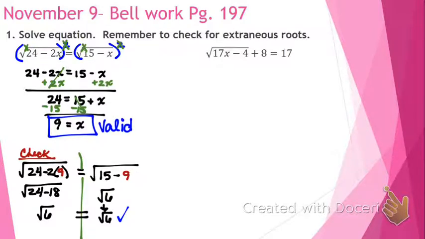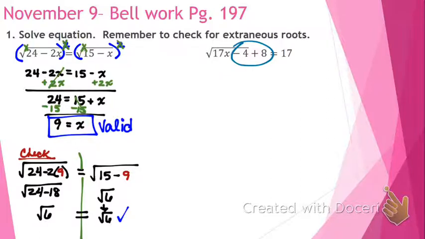Over on the right-hand side, do I start by squaring both sides? No. What do I have to do before I can square both sides? I can't combine these two right here because the negative 4 is under the square root and the plus 8 is not.